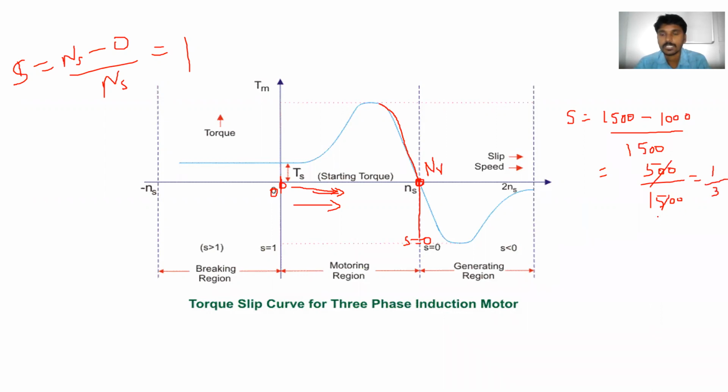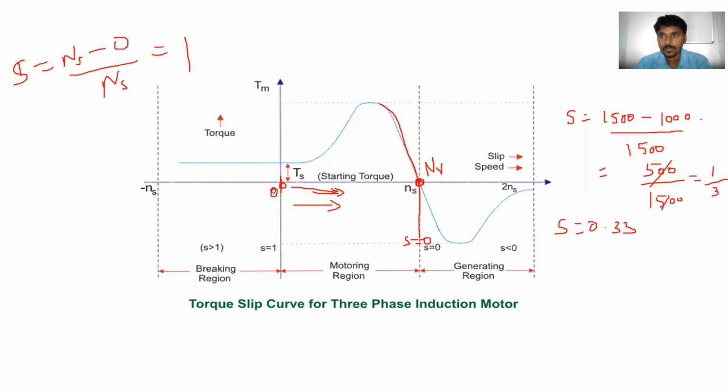What is the value of 1 by 3? It is 0.33, and so on.